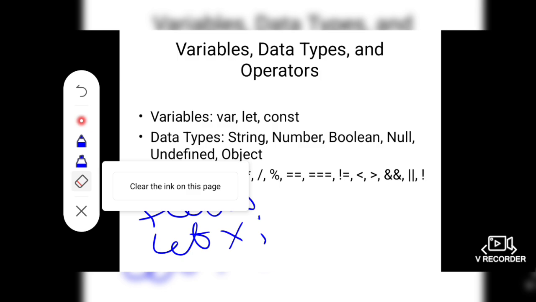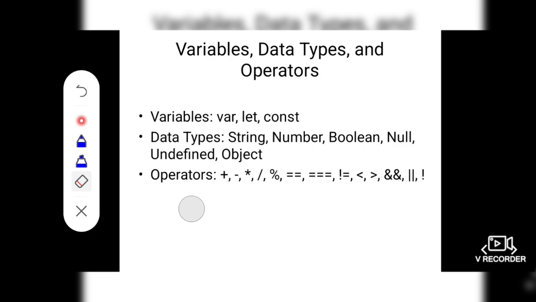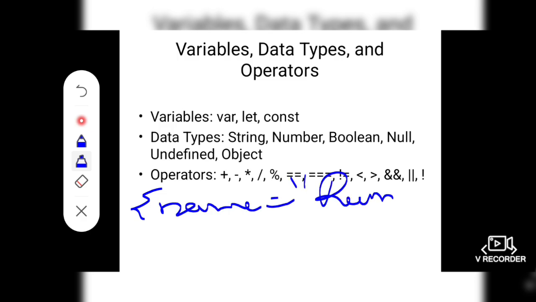Next, there are also some non-primitive data types. Object is one of the non-primitive data types. Also, array and function are non-primitive data types. For example, if you take an object, we can give name equals to Ram, comma, age 25.